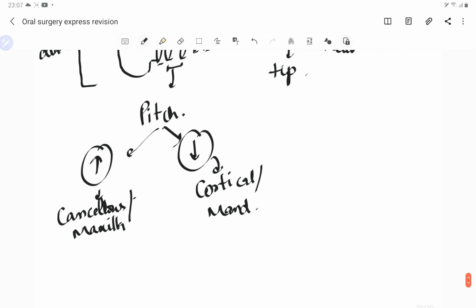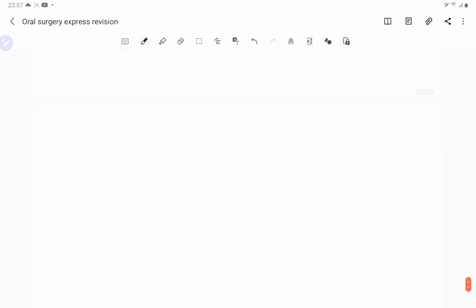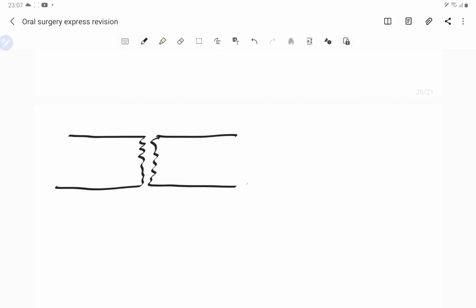So guys, how do we use these lag screws? Say suppose this is a fracture segment of the bone. Now what we need to do is prepare holes first for these fracture segments. We approximate these segments together, and then we prepare a glide hole which is drilled perpendicular to the fracture segment.